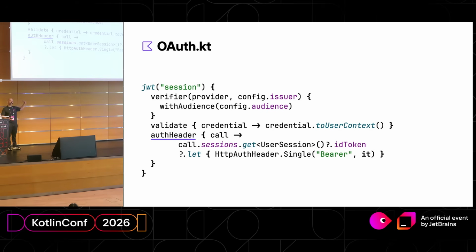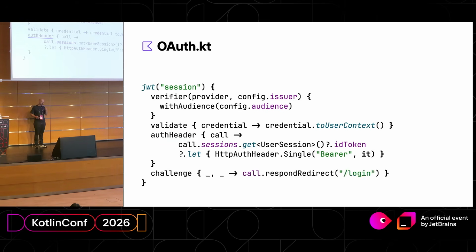So here I'm simulating that the token inside of my session is an authorization header. And this will make sure that it relies on all the mechanisms we need from JSON Web Tokens and JSON Web Keys to validate these tokens. We can override an optional challenge function because we do not want to send an unauthorized code to the user. Again, we want them to be redirected to some page, in this case, the login page.